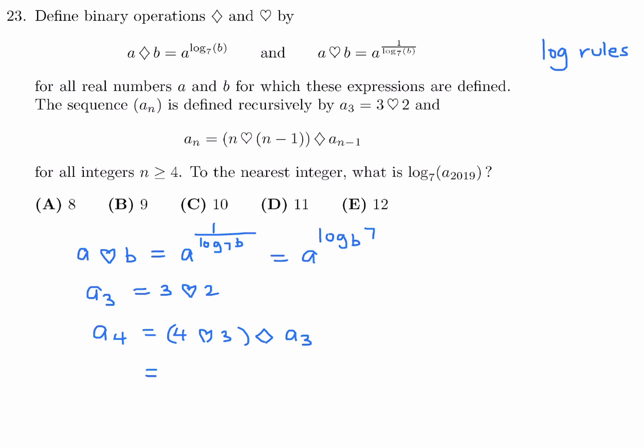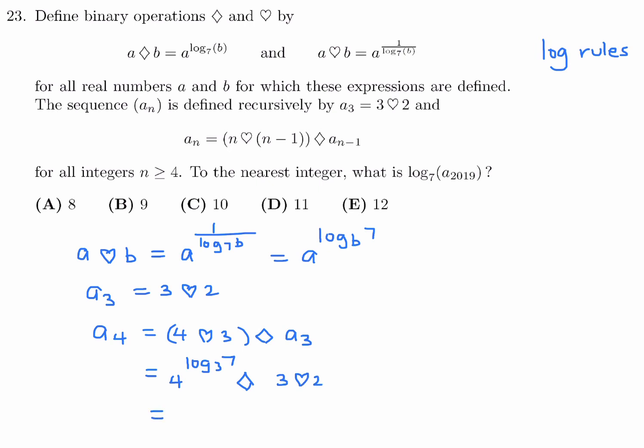Okay, so 4 heart 3, I'm going to use this rule here, but I simplified that rule to make it look like that. So that's going to be 4 to the log of 7 to the base 3, and then the diamond of a3, and a3 is 3 heart 2.